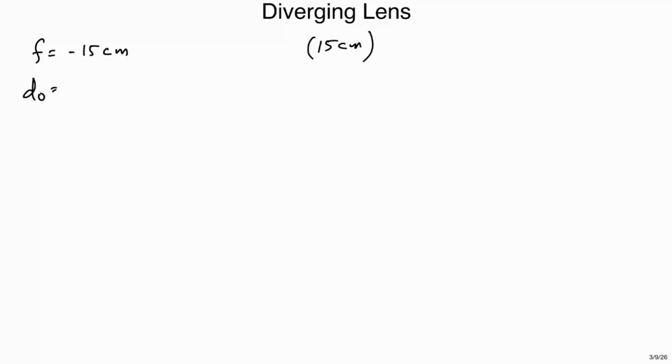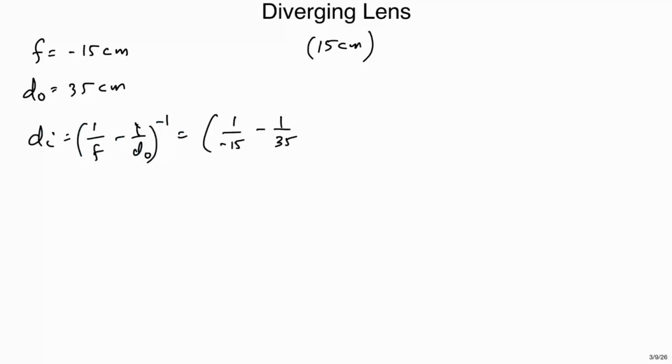Let's drop the object at 35 centimeters and solve for the image distance. Is this math hard? No. It's fractions. You do it in your calculator, and the hard part is getting your calculator not to lie to you. 1 over negative 15 minus 1 over 35, inverted, gets me negative 10.5.